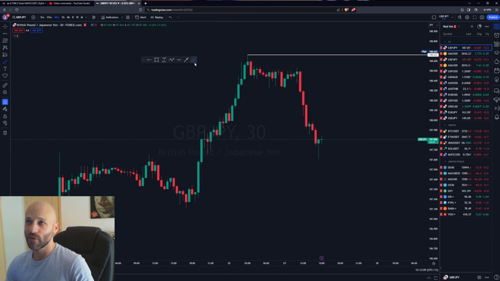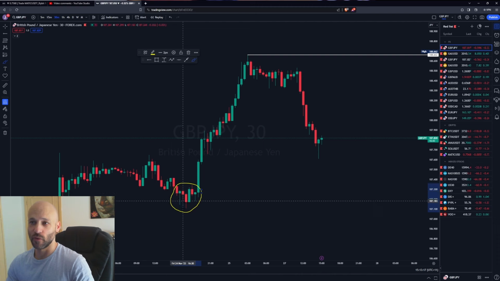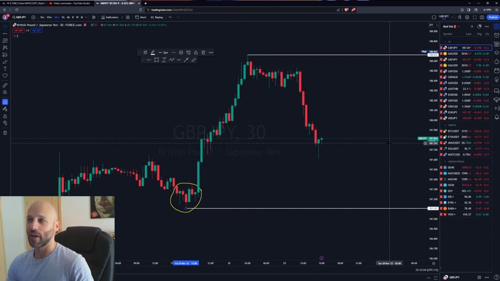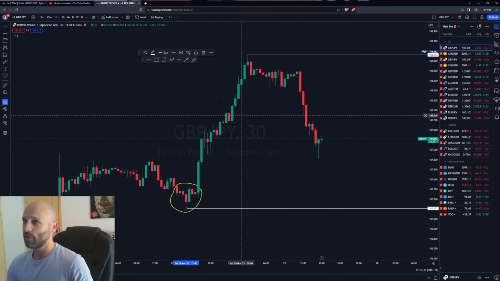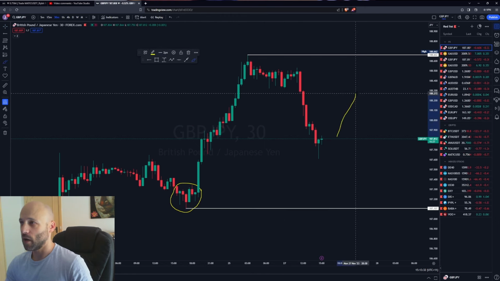If we look further to the left, we can see the origin of the swing is just here. We've got 2 candles consecutively, and it can be more, 2 or more, pulling back in the opposite direction to the trend. Therefore, that is our origin. This is really easy, guys: anything between this low and this high is technically bullish. It doesn't matter if the market pulls back, creating a lower high, lower low, lower high, lower low.